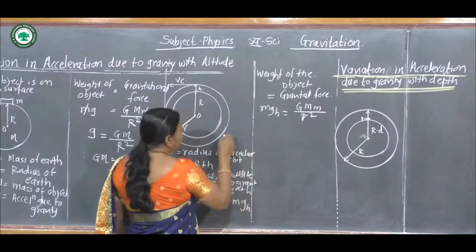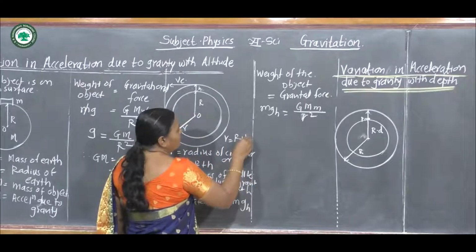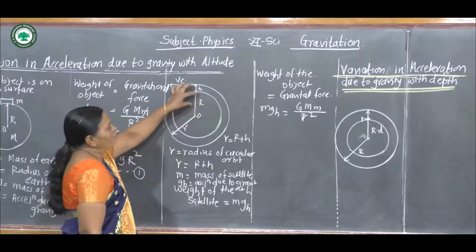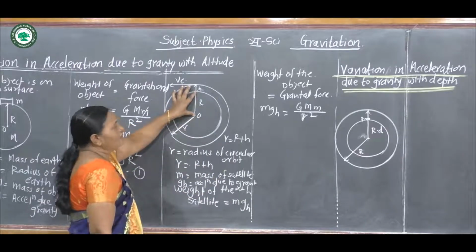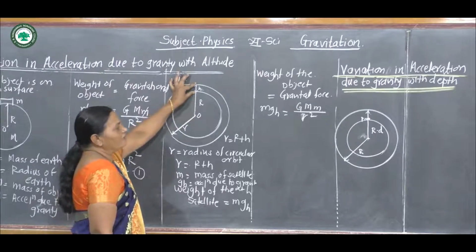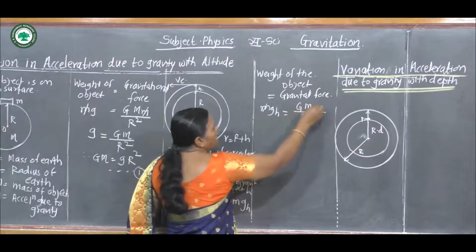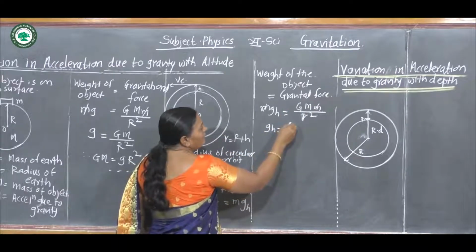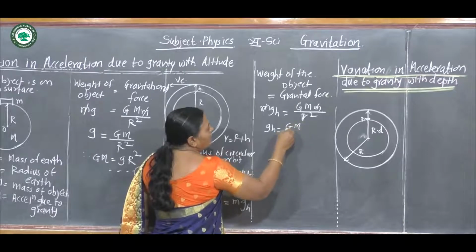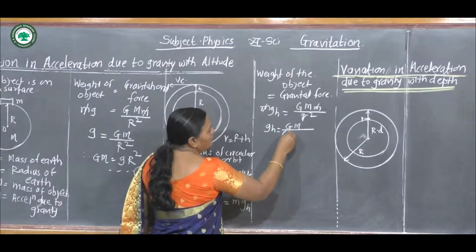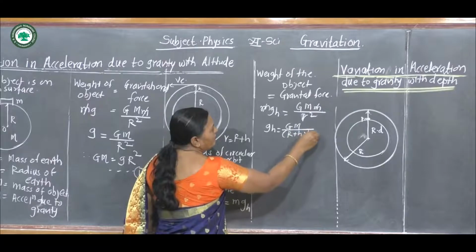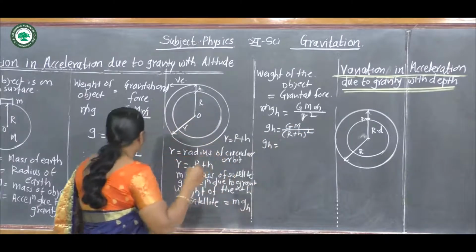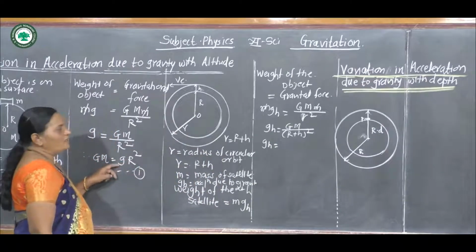And this r is nothing but R plus h, the radius of circular orbit, that is radius of earth plus height h. Here again m gets cancelled. We get g_h equal to G M divided by (R plus h) square. Now substitute GM equal to g R square from equation 1.